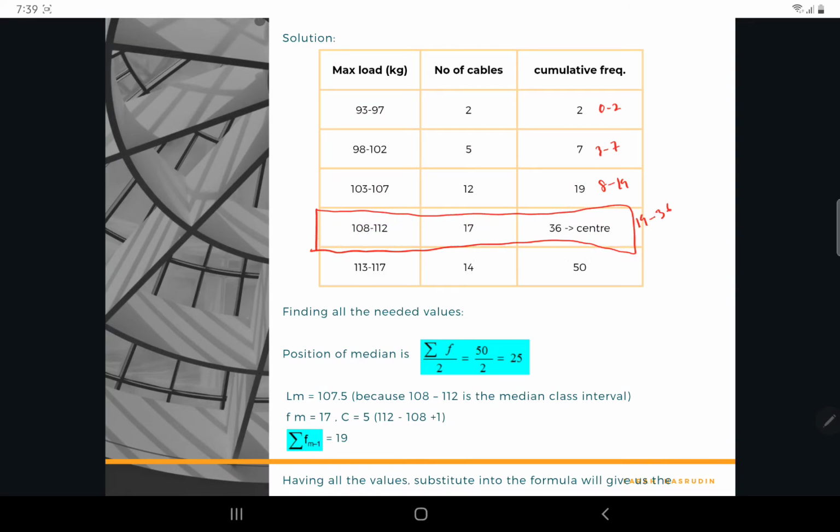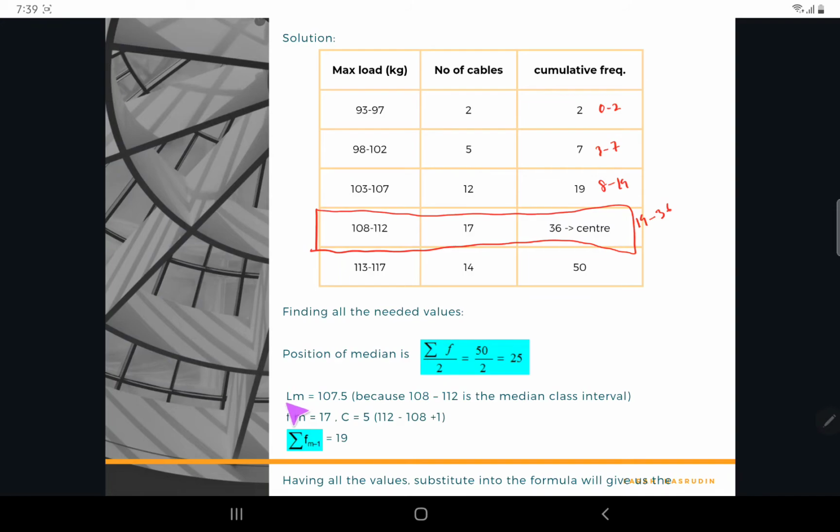Okay, then we need to find all the values to be inserted in the formula. Okay, macam yang dalam formula tu ada LM, F ada FM, FM minus 1. Okay, we need to find all of that item so that we can insert it in the formula for finding the median.